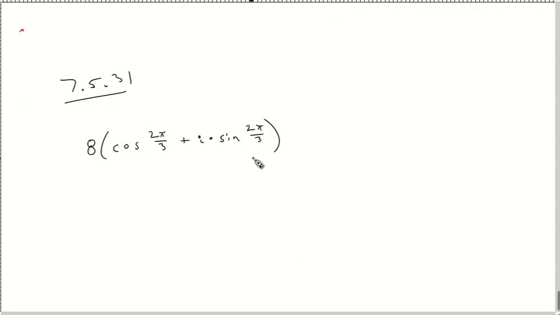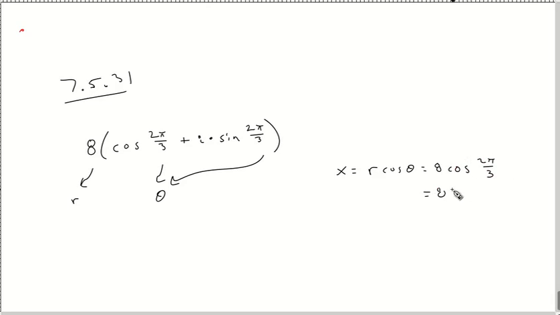Okay. So, it says convert to rectangular. Anyways, we have an R and we have our theta, and they want x's and y's. So R cosine of theta is equal to 8 cosine 2 pi over 3.